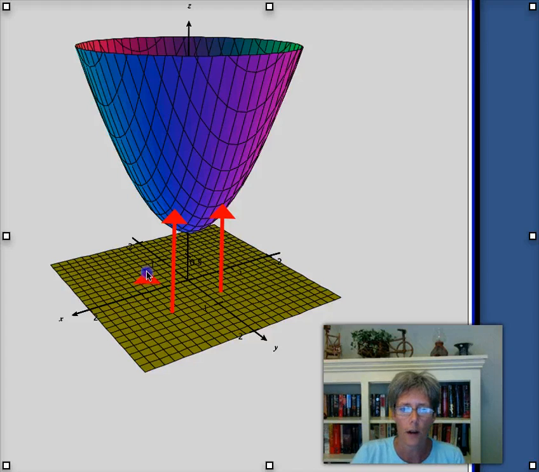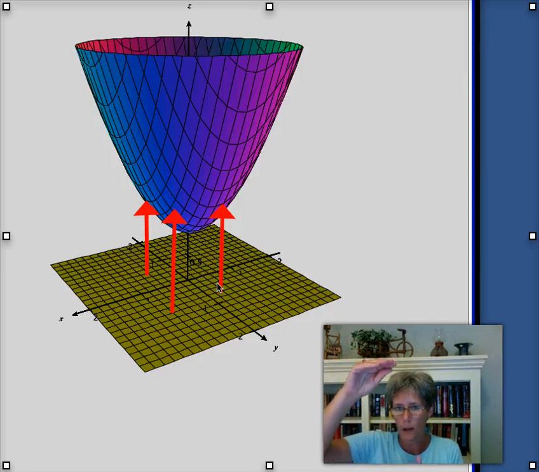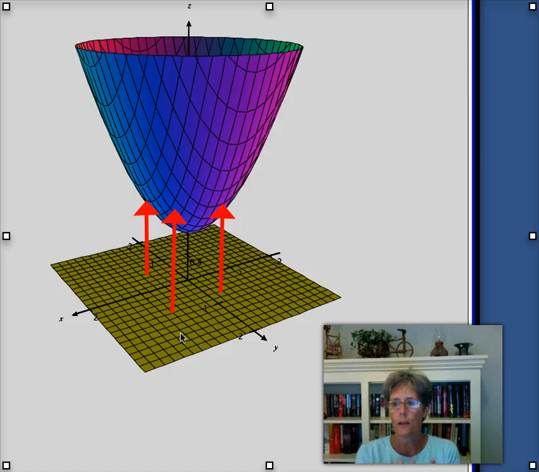Okay? So try to picture what happens then if you do that for every single point in the XY plane. You're picking all these XY points, putting them into the function, getting a Z value back, and then moving that Z value up from the XY plane and plotting a point. And you're doing that for every point in the XY plane. And when you do that, you get a bowl or a surface instead of just a wire graph like what we had in 2-space.